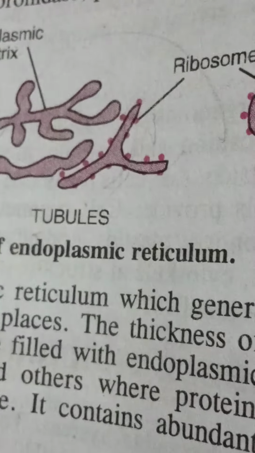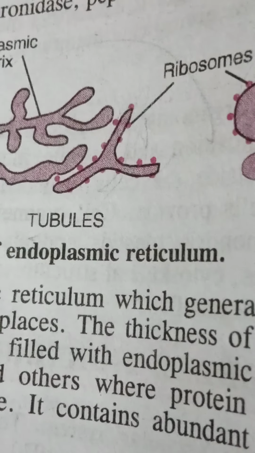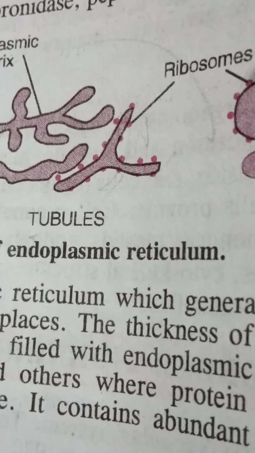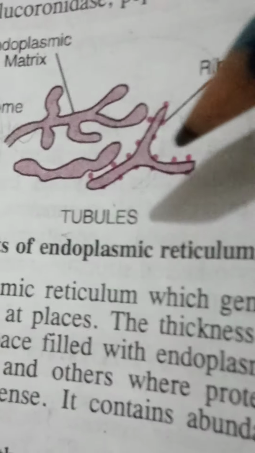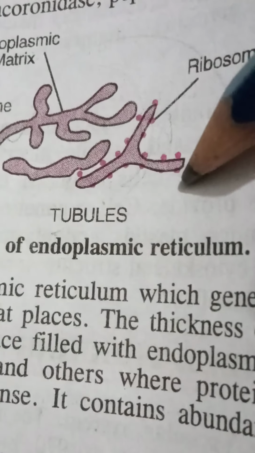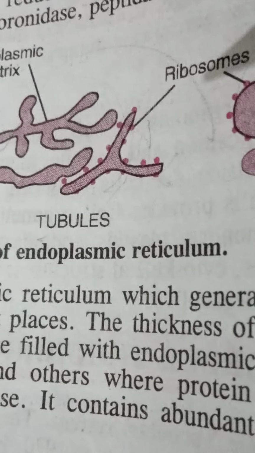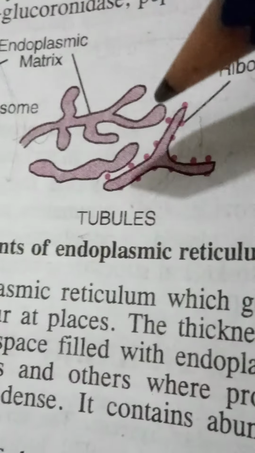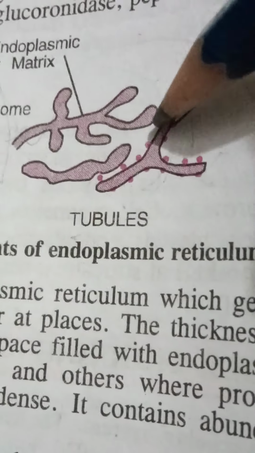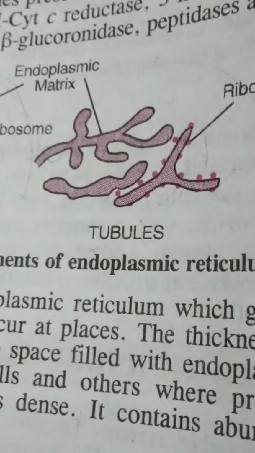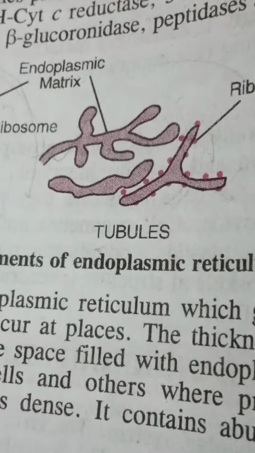One is called the smooth endoplasmic reticulum and the other is called the rough endoplasmic reticulum. Now the structure in which the ribosomes are present is called the rough endoplasmic reticulum, and that in which the ribosomes are absent is known as the smooth endoplasmic reticulum.